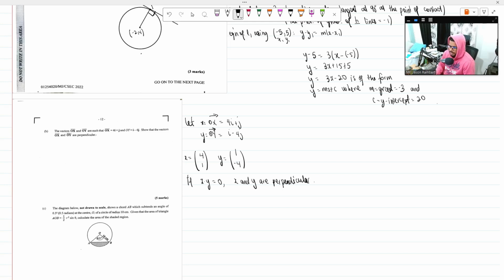So x dot y is equal to (4, 1) dotted with (1, minus 4), which is 4 by 1 plus 1 by minus 4, which is going to be 0. Therefore, x is perpendicular to y.